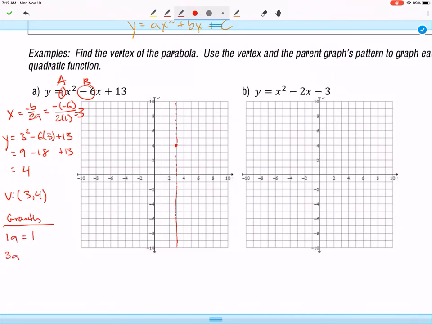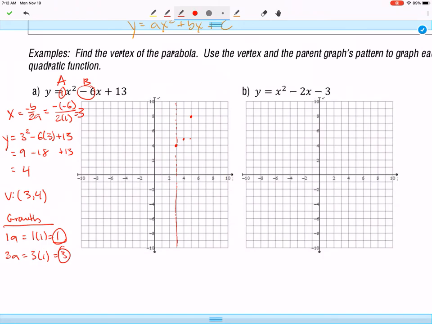We plug those in, that gives us 1 times 1, which is 1, and 3 times 1, which is 3. So we're going to move over 1 and go up 1. Over 1, up 1. And then we're going to go over 1 and up 3 from our growth pattern.